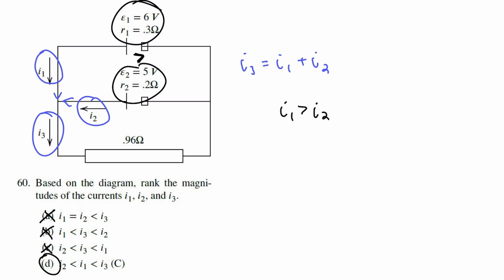But over here, since they are roughly the same and the voltages are different, we know that the difference in voltage is more significant than the difference in the resistances, because the internal resistances generally are very small. So to get a ranking, we don't need to actually solve for the numerical values.